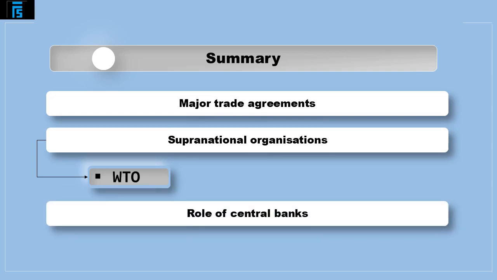Finally, there are also central banks issuing currencies used to settle international transactions. This complexity of the international economic landscape gives rise to numerous risks faced by multinationals in their international operations. We will be examining these risks in further modules of the course.